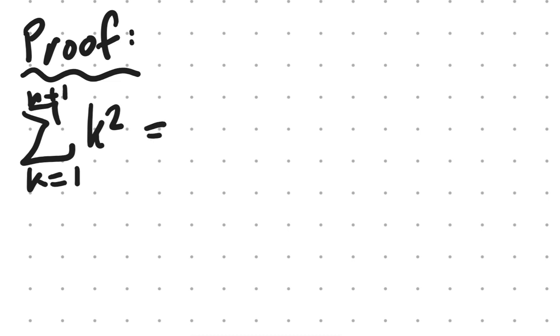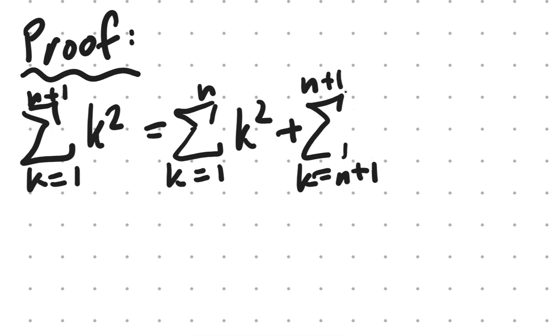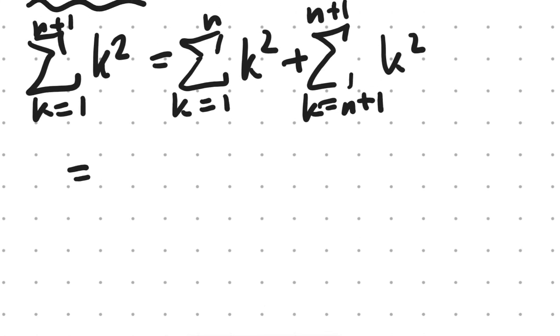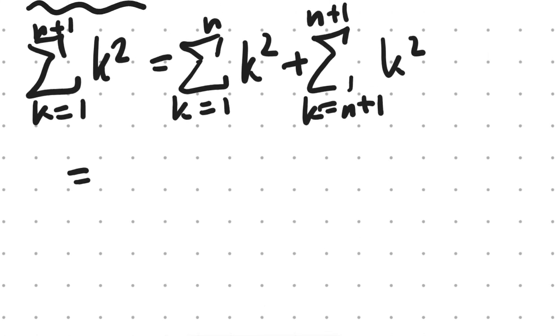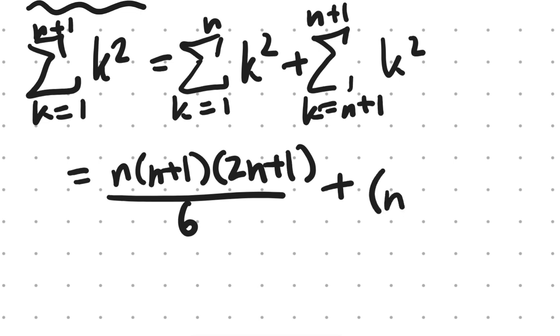So the sum as k goes from 1 to n plus 1 of k squared is equal to the sum as k goes from 1 to n of k squared plus the sum as k goes from n plus 1 to n plus 1 of k squared, which by the supposed equation is equal to n times (n plus 1) times (2n plus 1), since we suppose this is true, plus the (n plus 1)th square number.